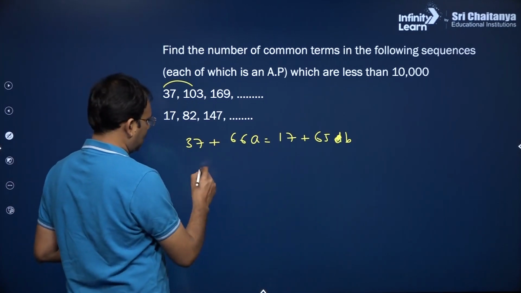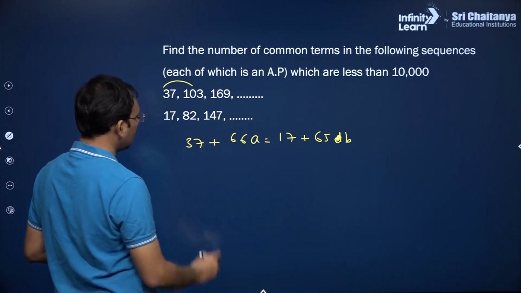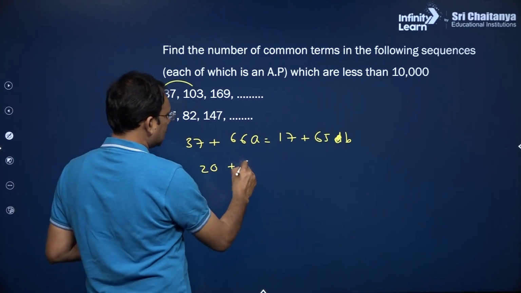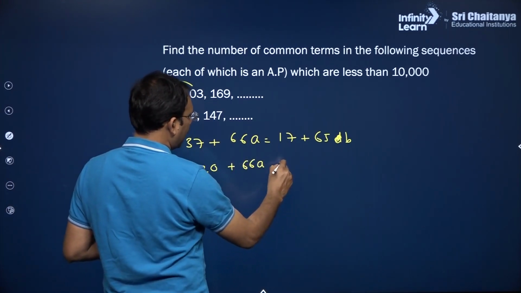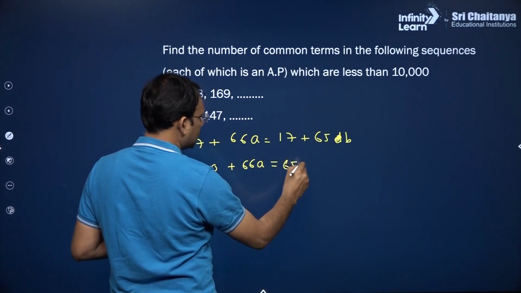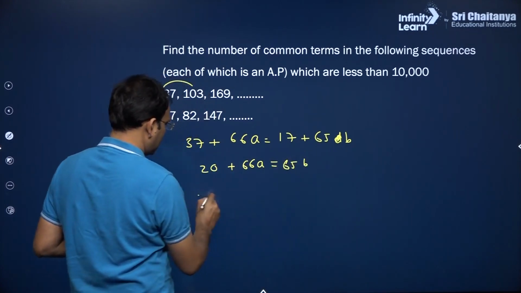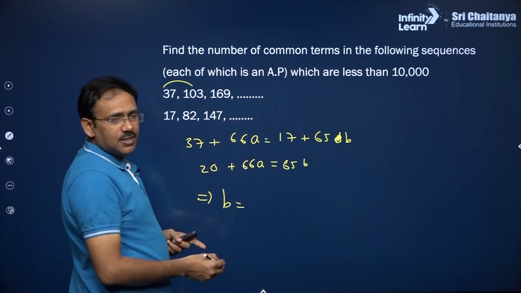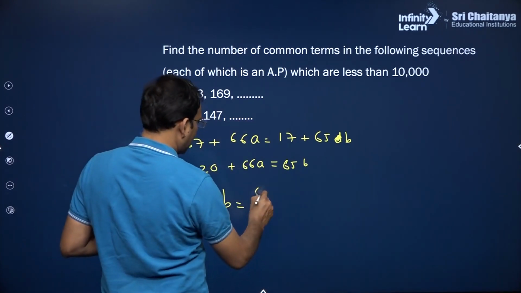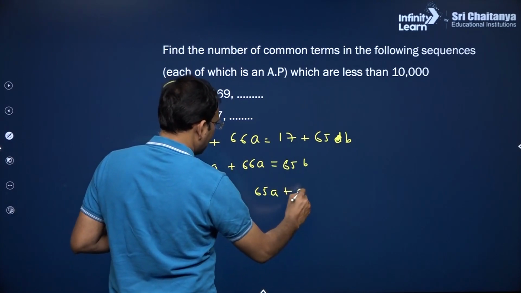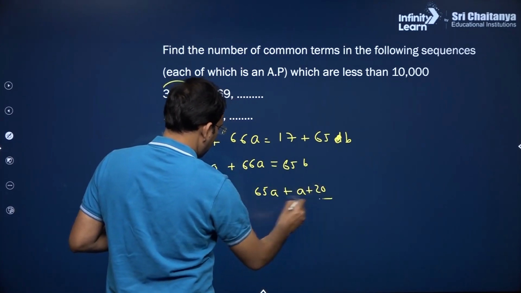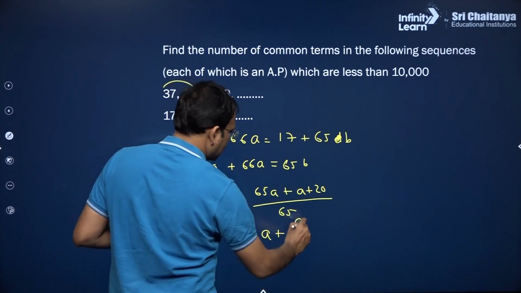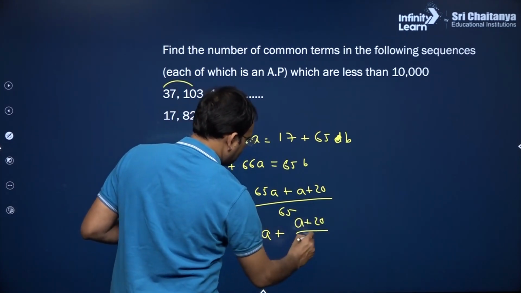From this, my dear friend, you can say this is going to be 20 plus 66a minus 60 is equal to 65b, my dear friends. So you can write b is equal to, you see all are integers, b must be an integer. You can write 65a plus a plus 20 by 65.